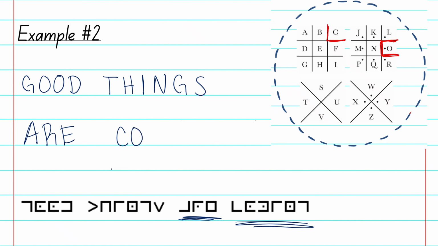Now we got the next one, which is also from the second tic-tac-toe. It's the letter M. It's got a dot.